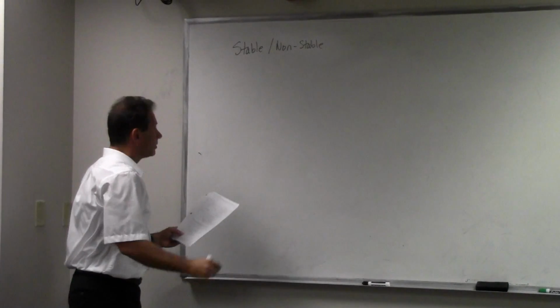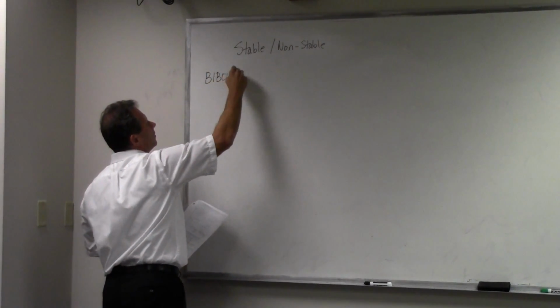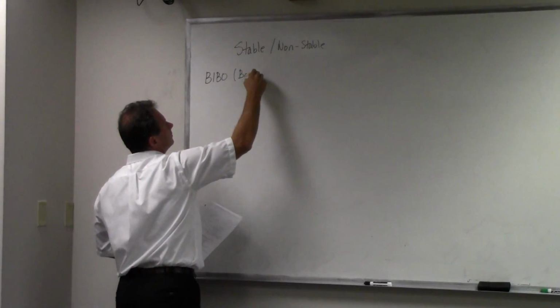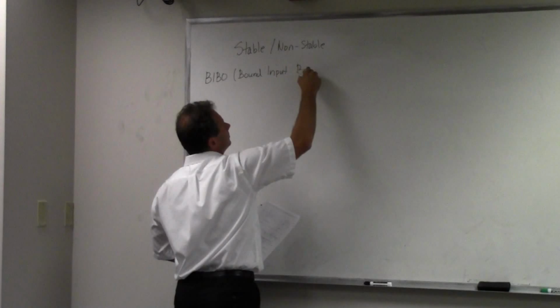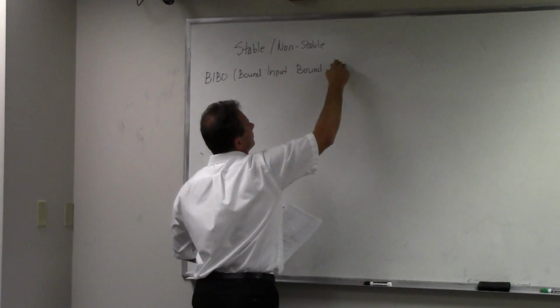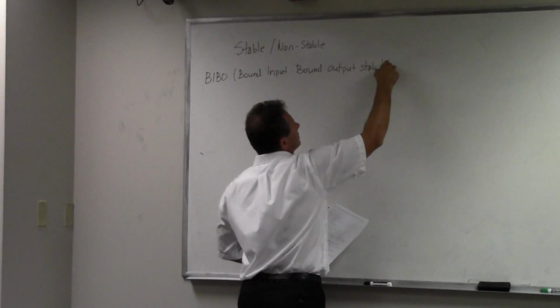We're going to define stability in what is called BIBO, or bounded input, bounded output stability.